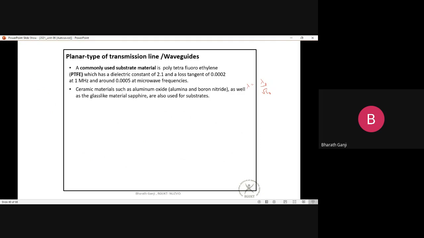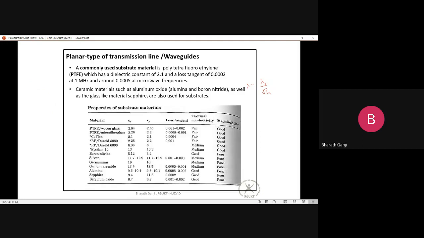Okay, and also ceramic materials are used a lot at higher frequencies to design power amplifiers and all at microwave frequencies. So these are the various kinds of common materials. This RT Duroid is used most commonly in antenna designs, and there is this PTFE, the most common, and of course FR4.